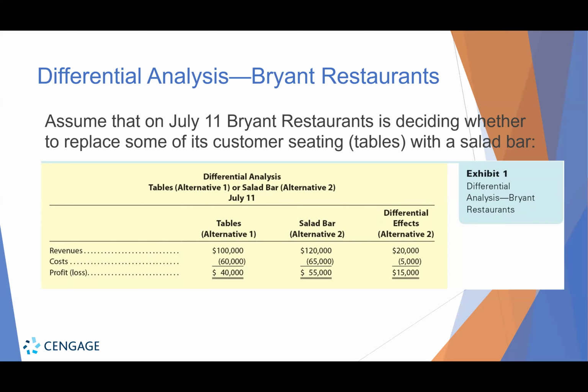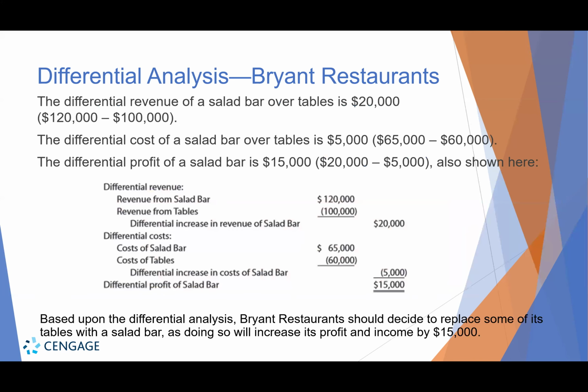So the first alternative is to keep the tables. The second alternative is to remove some of those tables in lieu of a salad bar. And then what we're seeing is the difference in revenue and the difference in cost, ultimately the differential net income as a result of choosing alternative 2 over alternative 1.